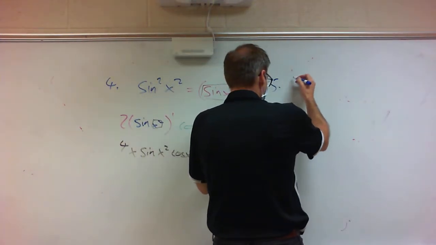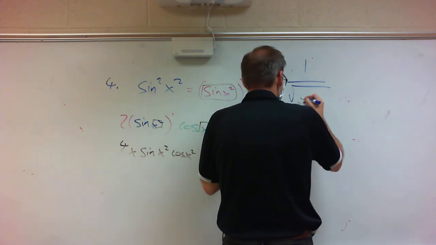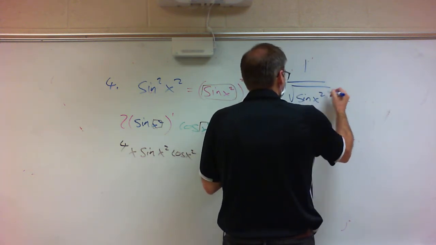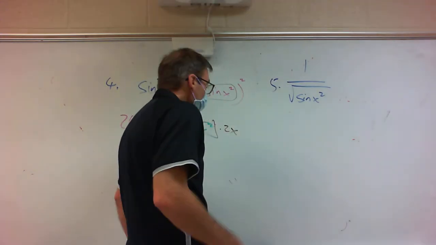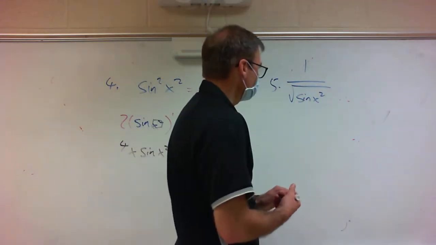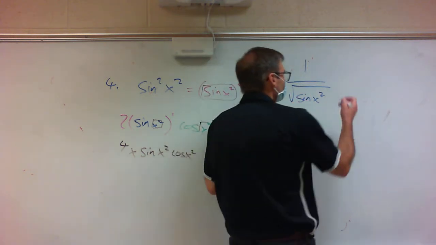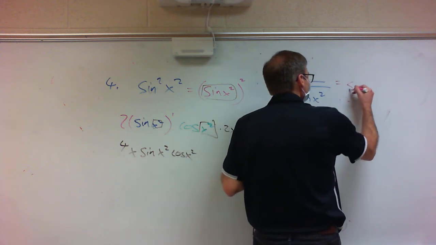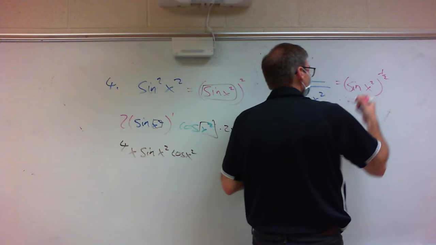Example 5. What if I give you 1 over the square root of sine x squared? Actually, first, your first hint is you don't like it this way. You want to rewrite this as sine of x squared to the negative 1/2.